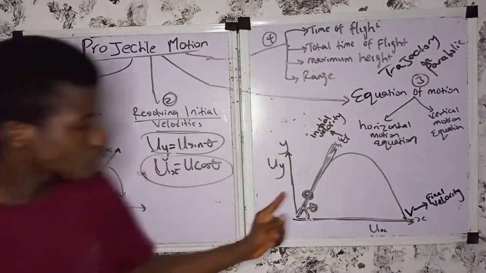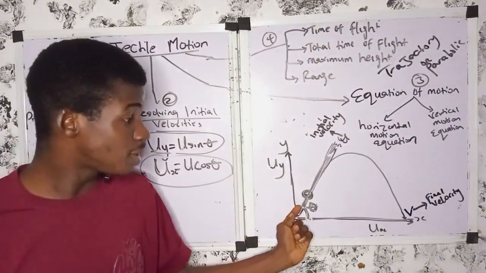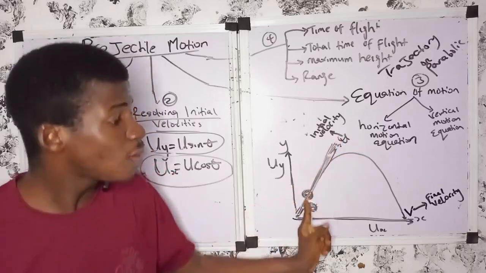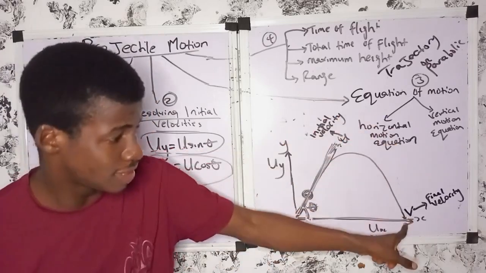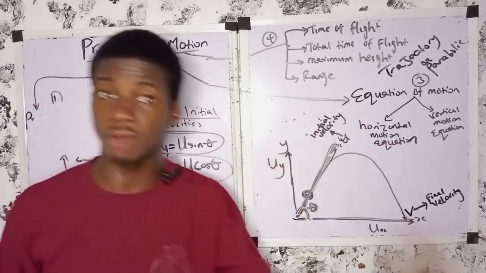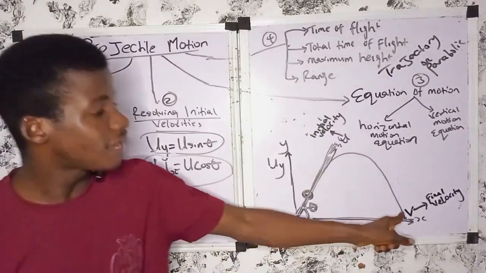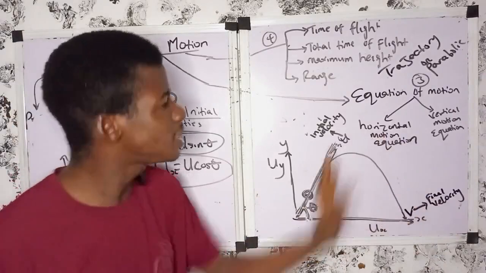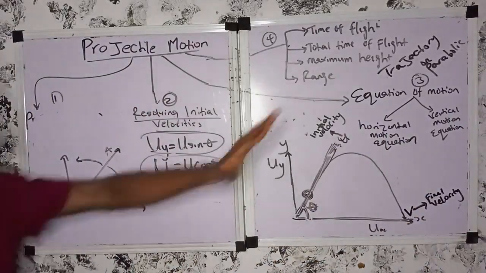Now, remember the body was thrown with an initial velocity u. When the body finally gets to the ground, it now has a final velocity. We know the difference between initial velocity and final velocity, right? I will come back to the final velocity. Now let's move to the third category.